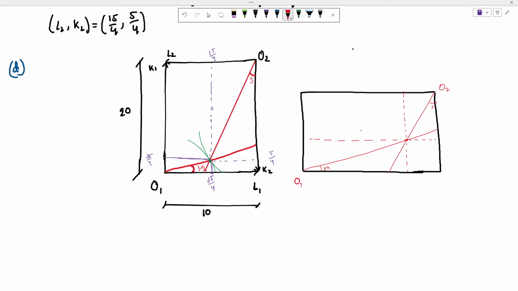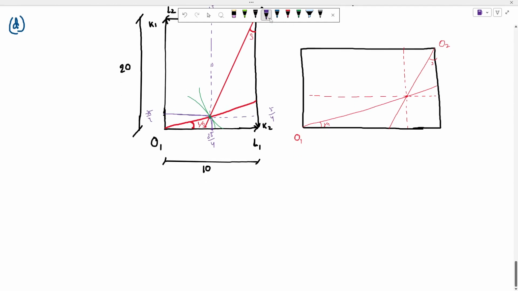Well, I am going to just make some claims. The factor prices won't change. Why?